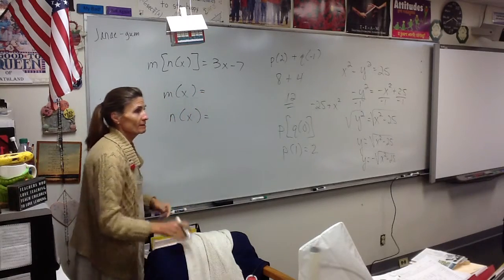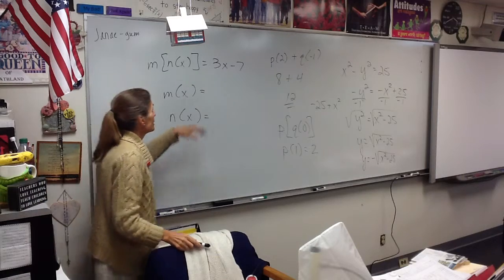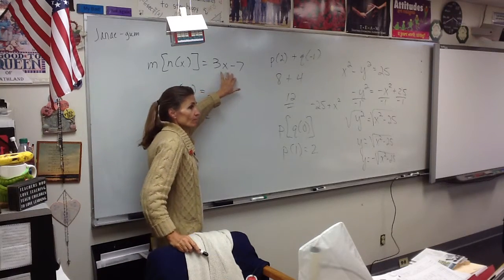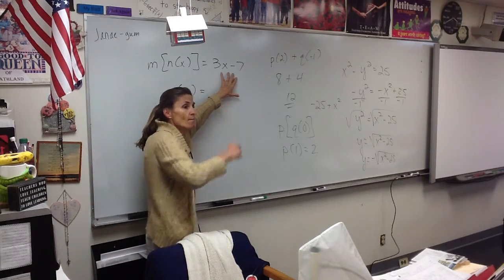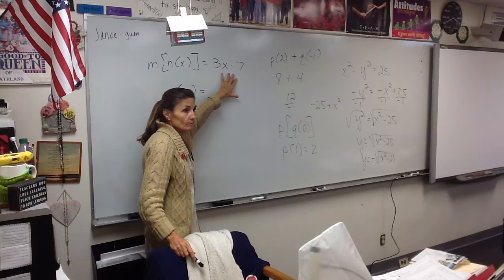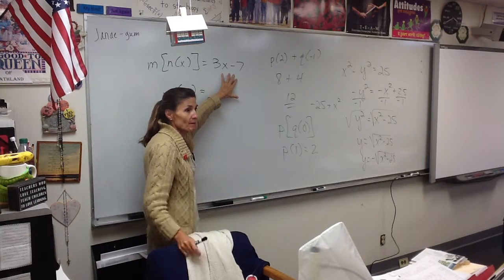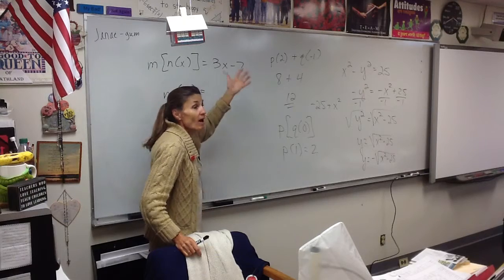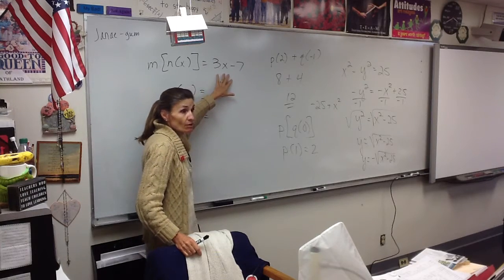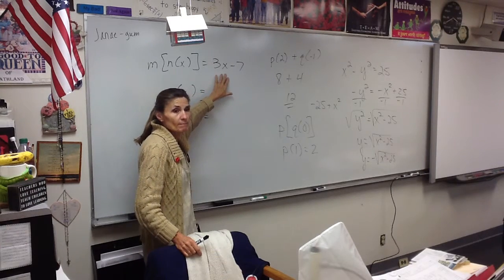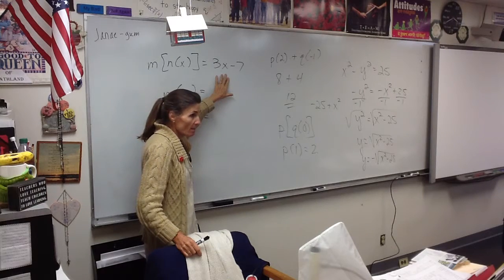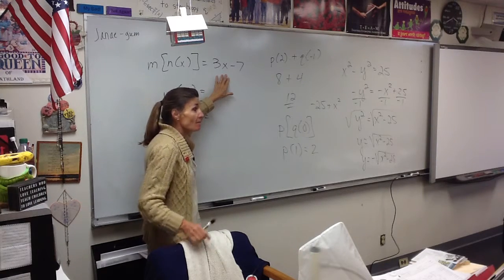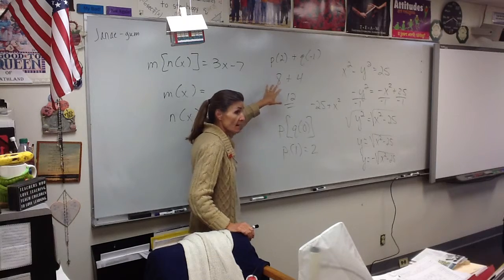All right, let's talk about this for a minute. Look at this function right here. If you plug a number into that function, two things happen. Let's say, pick a number like 5. If you plug 5 in here, what's the first thing you do to it? Multiply by 3. And then you subtract 7.